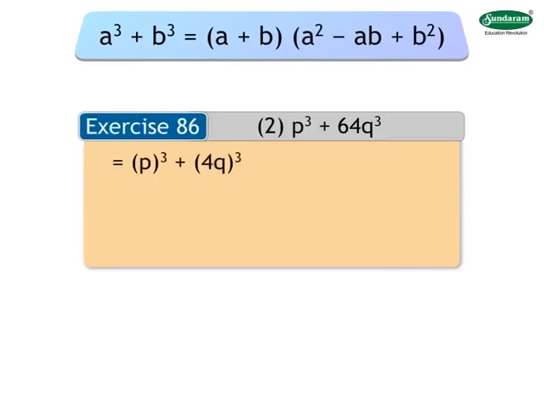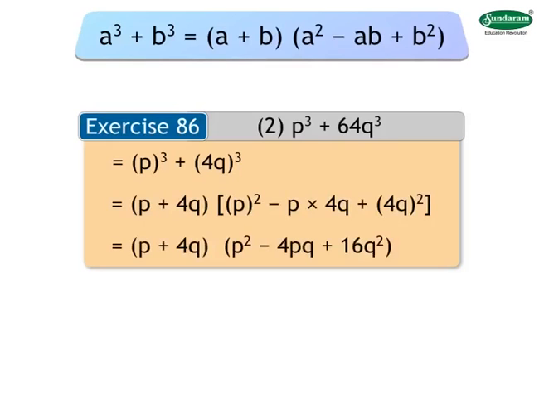Consider p as a and 4q as b and substitute the values of a and b in the formula of a cube plus b cube, which is equal to p plus 4q in one bracket and p square minus p into 4q plus 4q the whole square in other bracket, which is equal to p plus 4q in one bracket and p square minus 4pq plus 16q square in other bracket.